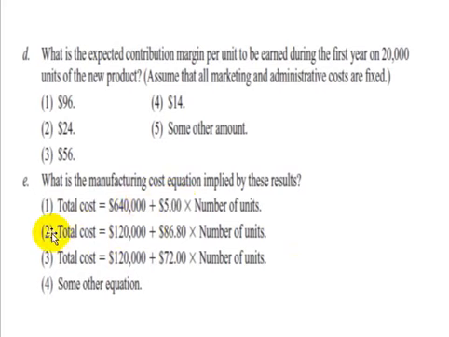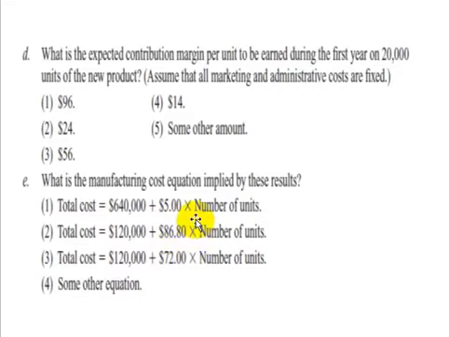We're looking at 2 and 3. We have the intercept, or the total fixed cost, 120,000. So we are looking for the variable portion of the total cost.